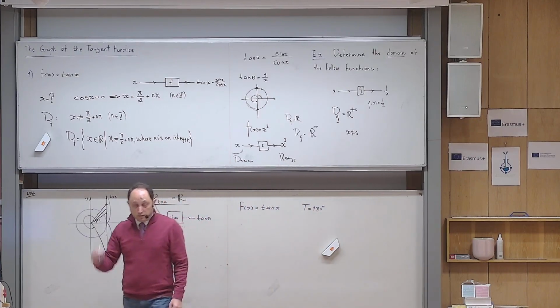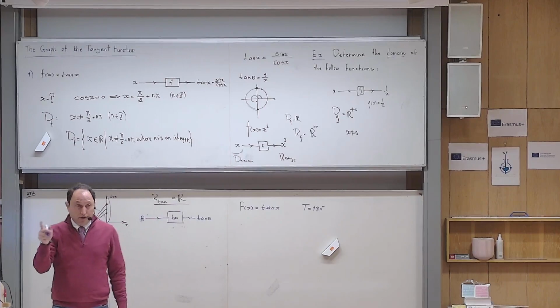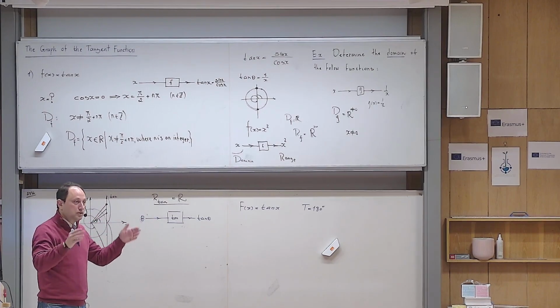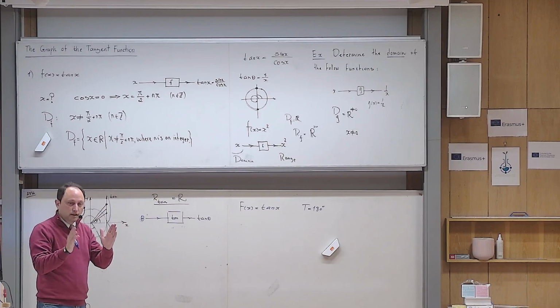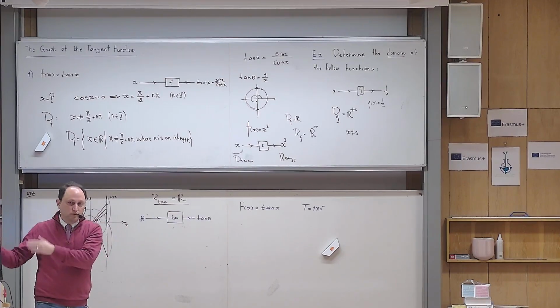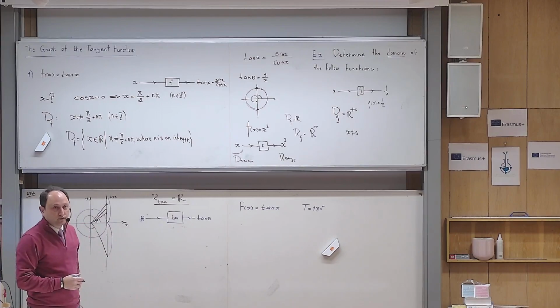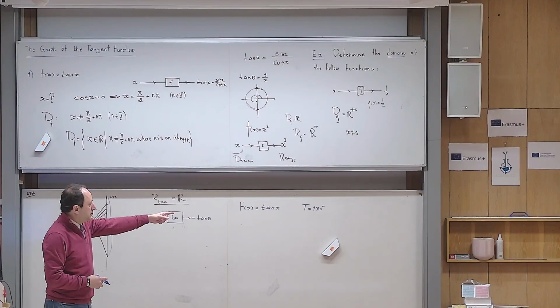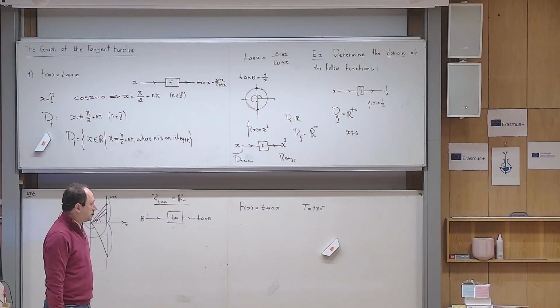So what does it mean? It means that I don't need to bother about drawing the graph in the full range of the domain. I just need to draw it in one period, as before. Copy and paste it over and over again to find the full graph.